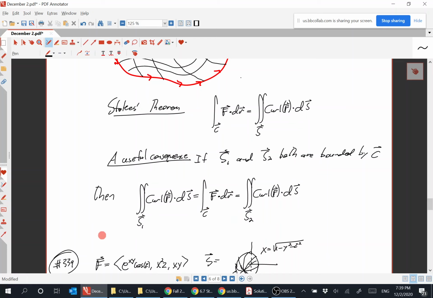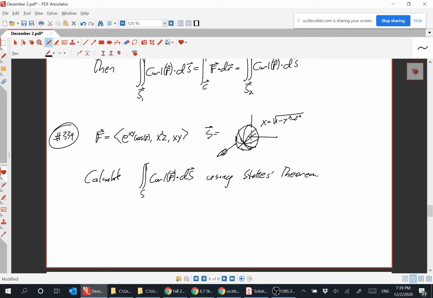I'm going to replace the surface S with just the disk D, which is just the disk of radius 1, centered in the YZ plane.